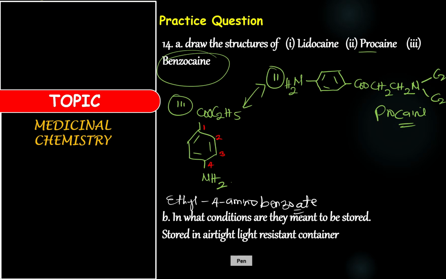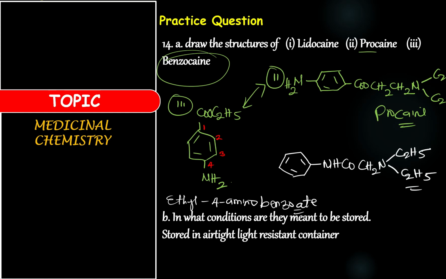You don't have NH2 here for lidocaine. All you have is something like this, the benzene ring, and then you have NHCO. Then after this, you now have CH2 and C2H5 here, C2H5.